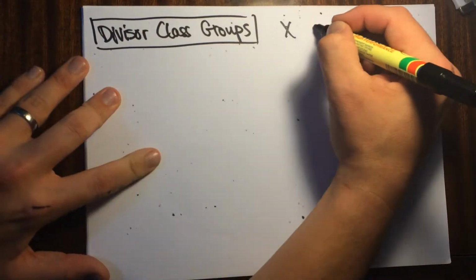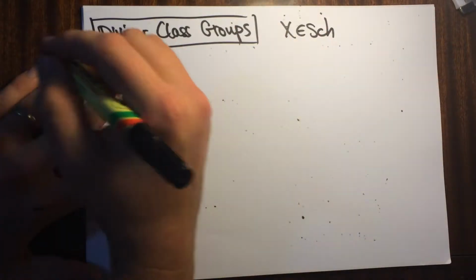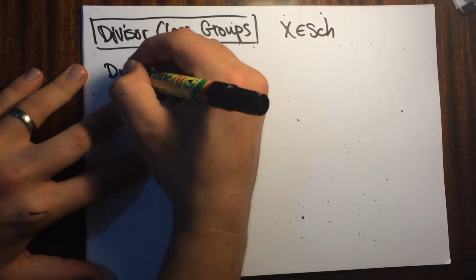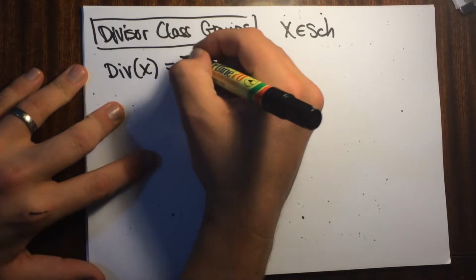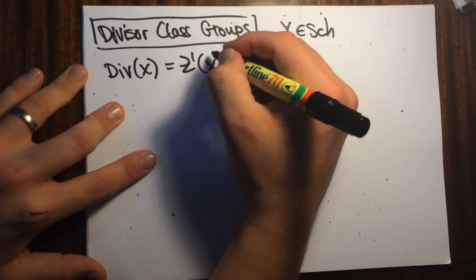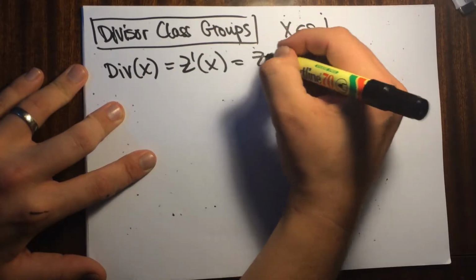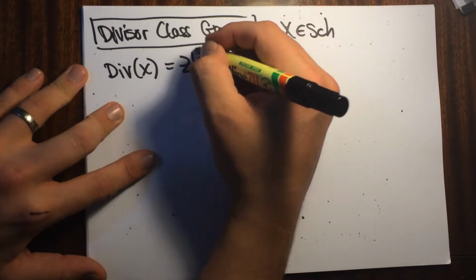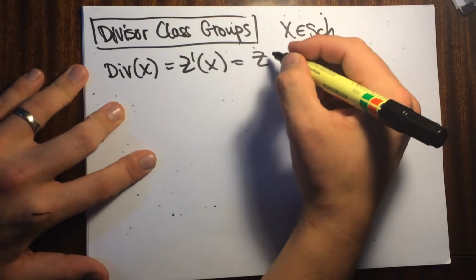So X is going to be a scheme, and we're taking Div X, also denoted by Z1 of X, and so I'm going to do dimensions, codimensions here, and dimensions in lower subscripts.